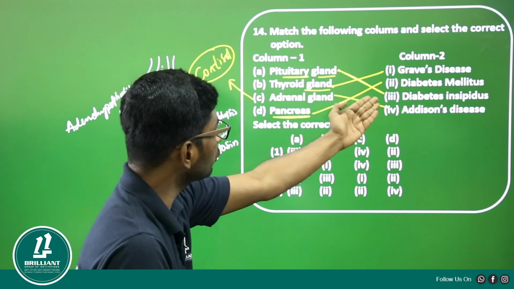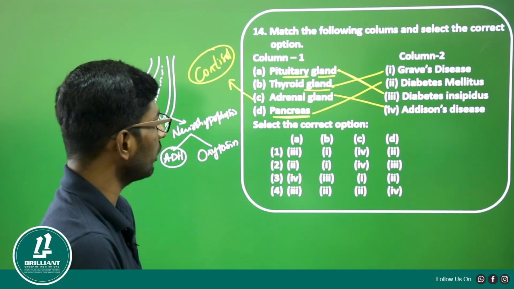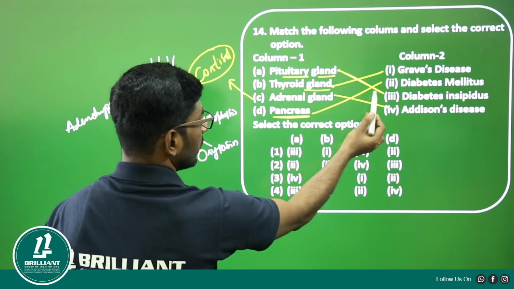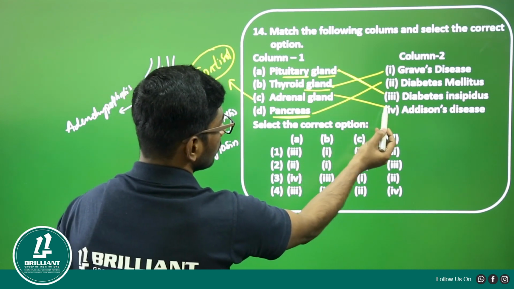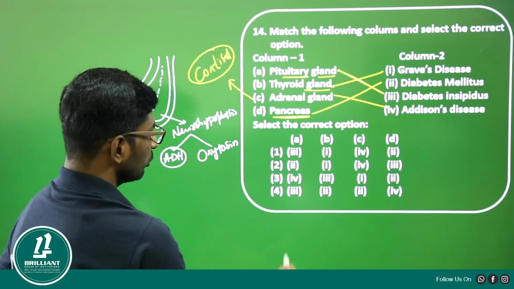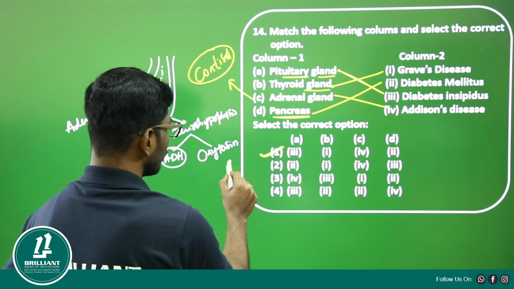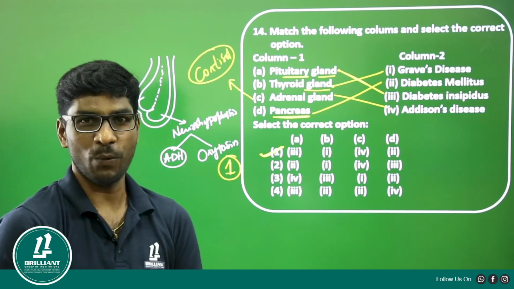First A3, B1, C4, D2. So what is the correct answer here? 3, 1, 4 and 2. So the correct answer of this question is option 1. Question number 14, answer is 1.